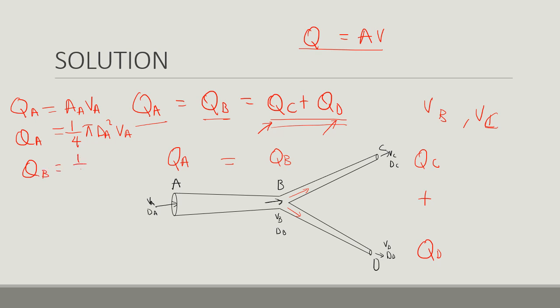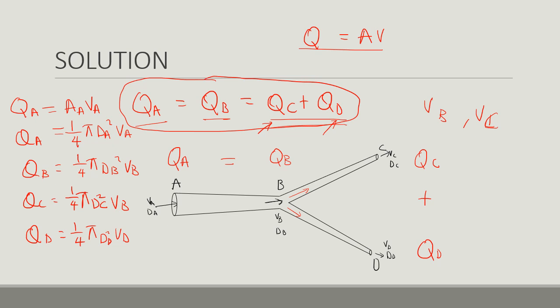QB will also be 1/4 pi dB square VB, and QC will be equal to 1/4 pi dC square VC, and QD will be equal to 1/4 pi dD square VD.